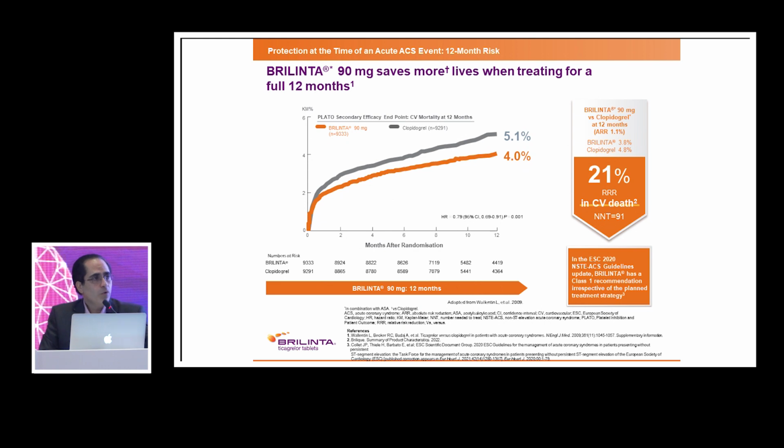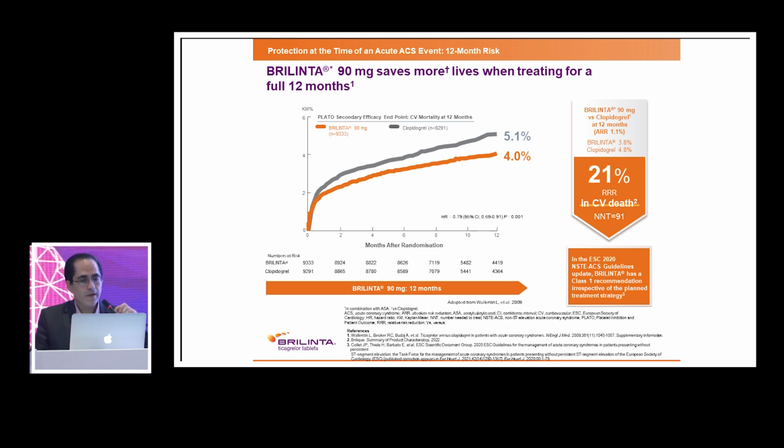This is why, as all of you know, the PLATO study showed that there is protection at the time of acute coronary syndrome, that Ticagrelor saved more lives when treated up to 12 months in comparison with clopidogrel.